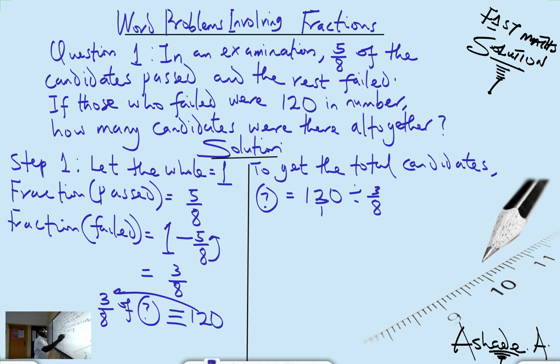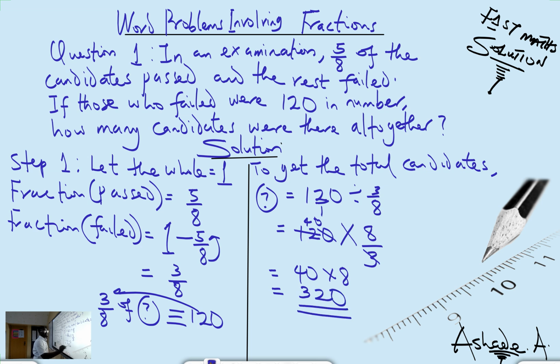And when you have this, you flip the other side. When you change to multiplication, you have times 8/3. So 3 in 12, that is 4. And 3 in 0, that is 0. So at the end of the day, you have 40 times 8, which gives you 320. So in total, we have 320 candidates.